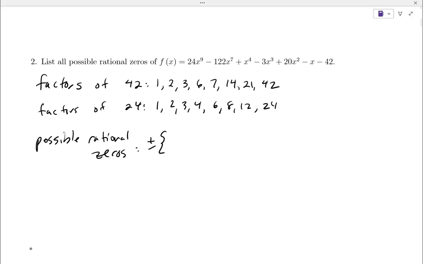What fractions do you get? Good. Yep, that's the first row.